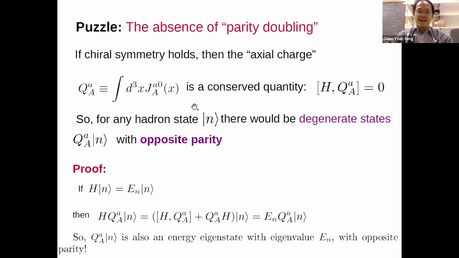So if we take a hadron state n and act on it with this axial charge, then it should give you another hadron state, which has the same energy as the original hadron. So parity doubling states that if chiral symmetry holds, then for any hadron, there should be another hadron with the same mass but with opposite parity.